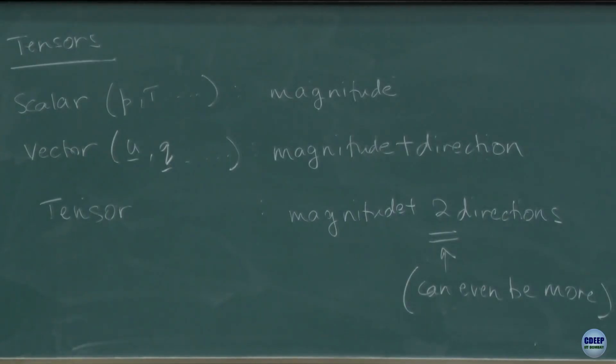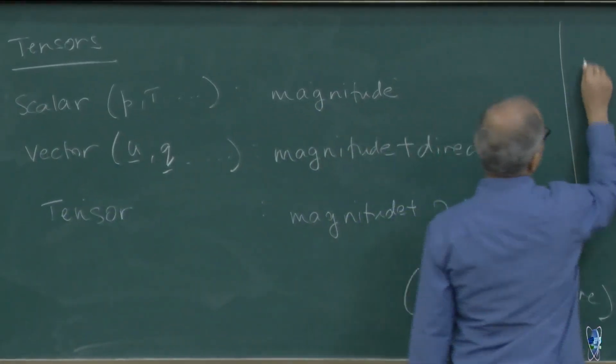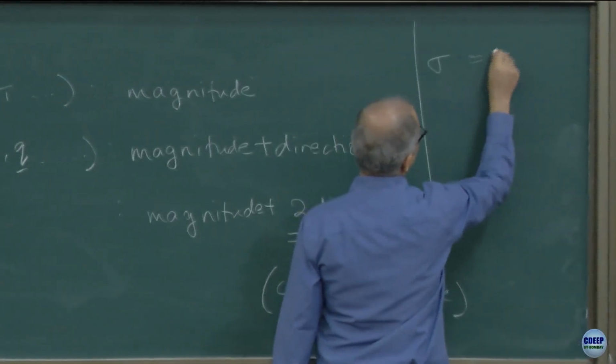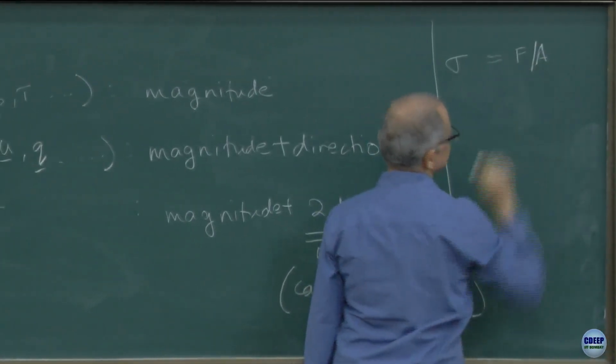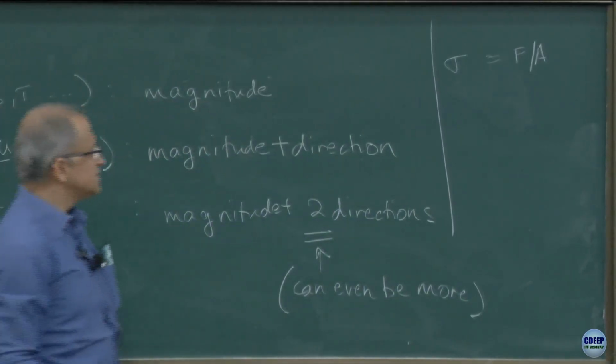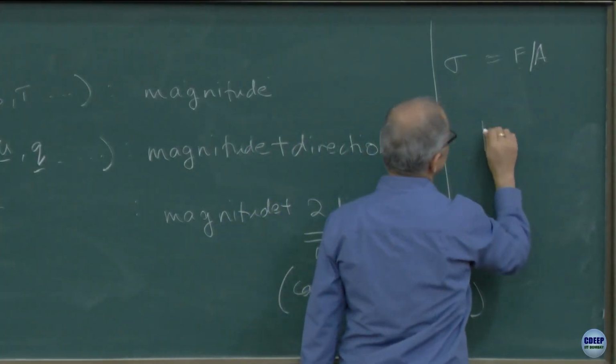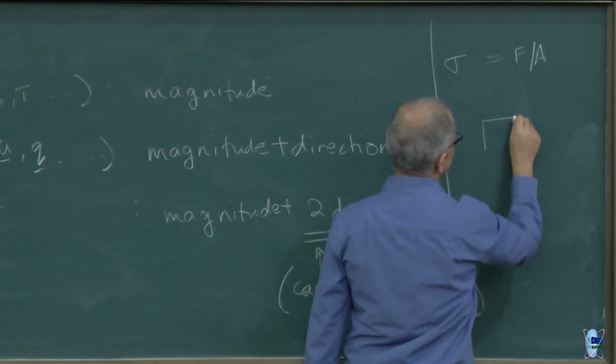We have already talked about stress. Stress is force upon area, where both are vector quantities, and therefore stress has two directions: one corresponding to the direction of the force and the other to the direction of the area.